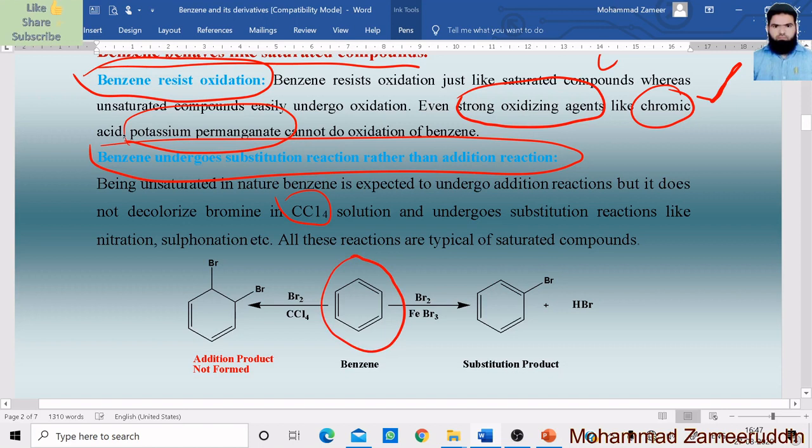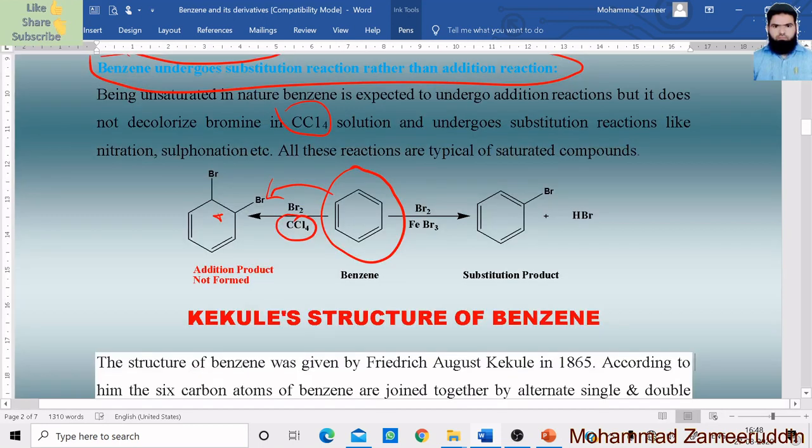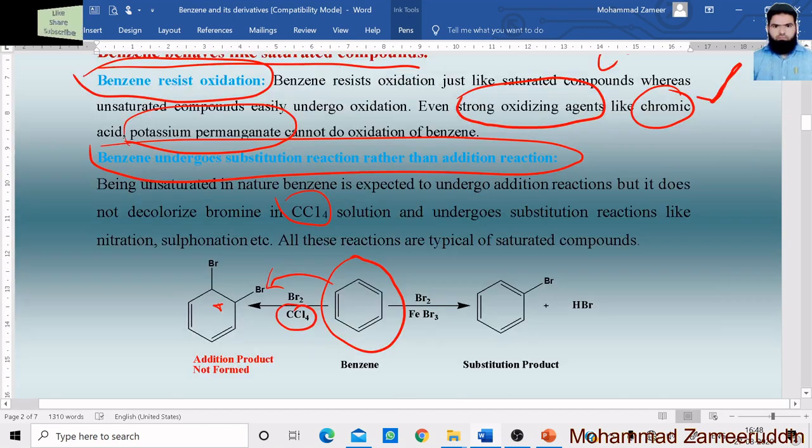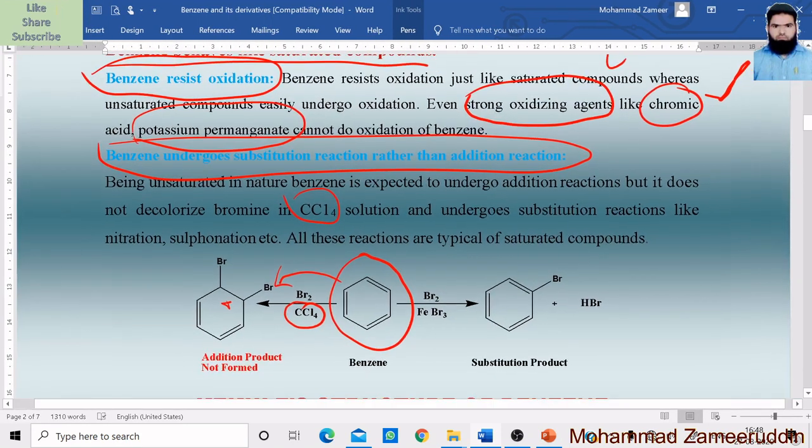Now when benzene reacts with bromine in the presence of carbon tetrachloride, it should form an addition product where a double bond breaks and 2 bromine atoms are added. This is called an addition reaction. But this is not formed. Why?